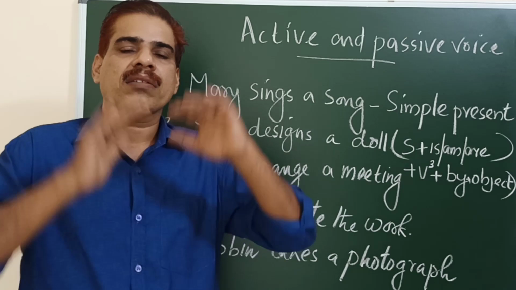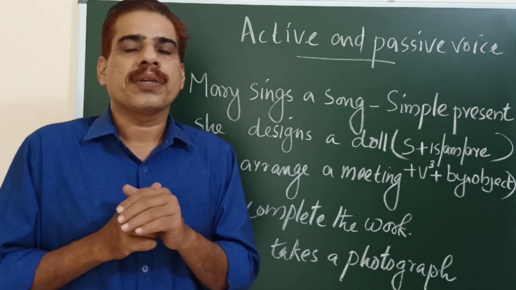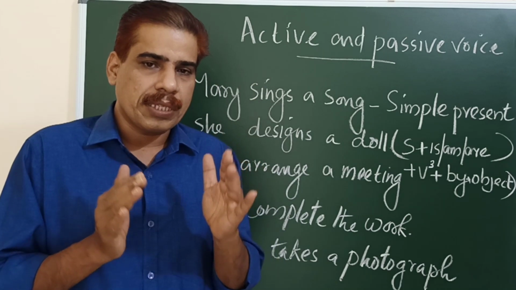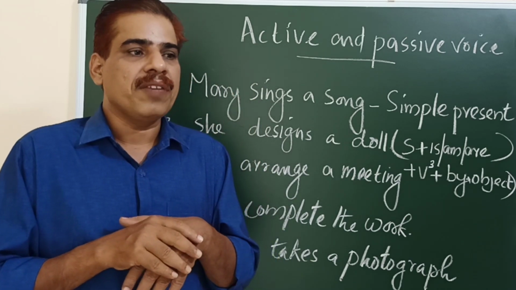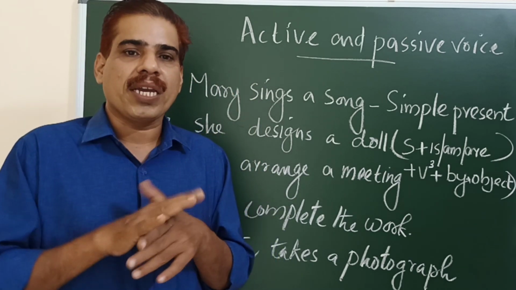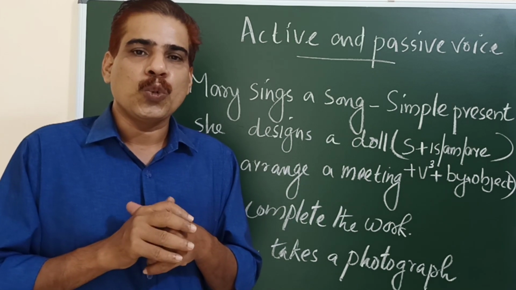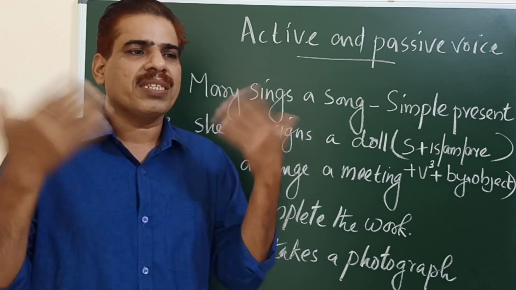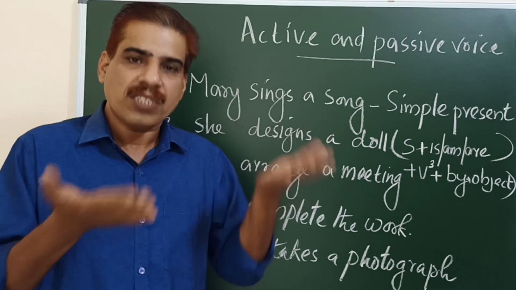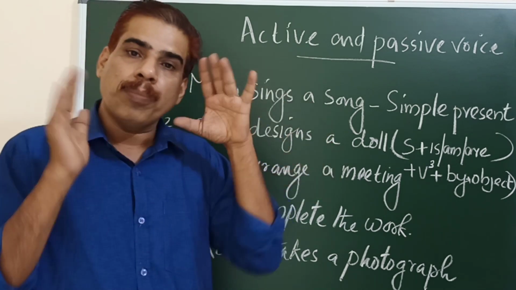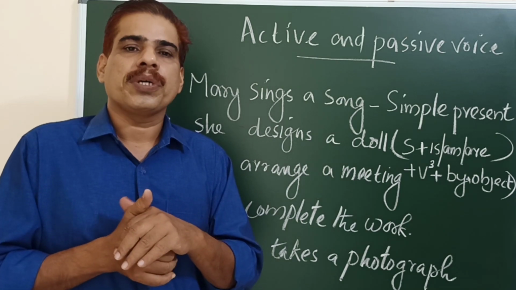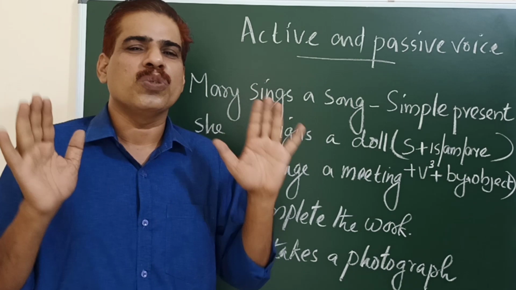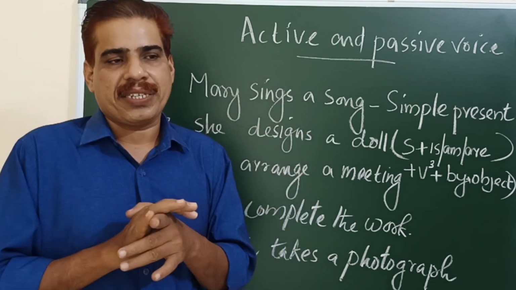And we will see the important times to use passive voice. There are three occasions to use passive voice. One is sometimes the subject, here the object, becomes unknown, or there is no need to mention it, it is irrelevant.